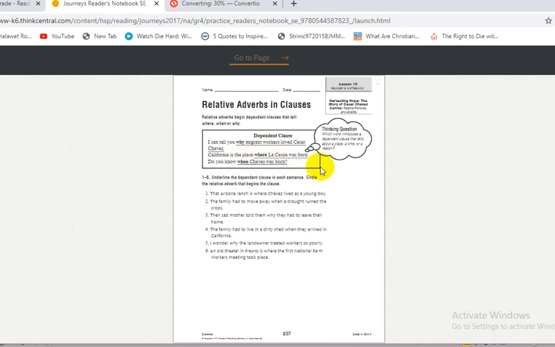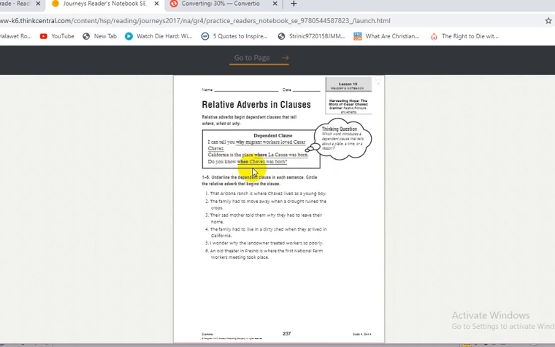So, where here relates to California. So it's a relative adverb. Okay, next we have, do you know when Chavez was born? Right? So when here is another relative adverb. So Chavez was born is the dependent clause, and when is the relative adverb.